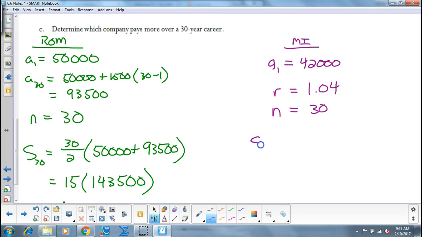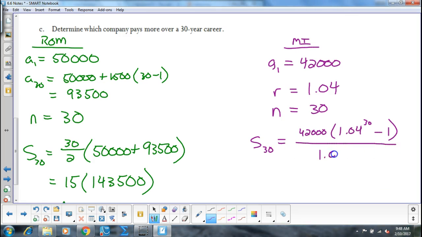So the sum of the first 30 years is going to be 42,000 times 1.04 to the 30th power minus 1, all over 1.04 minus 1.